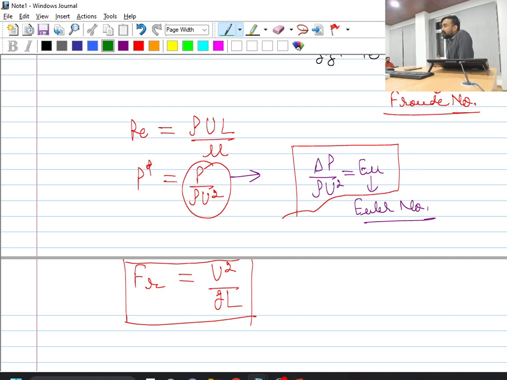relative importance of the velocity of the fluid medium divided by its viscosity. What is rho times u? Something which is associated with the motion of a fluid mass. Rho defines the density of the fluid mass, and u is its velocity.